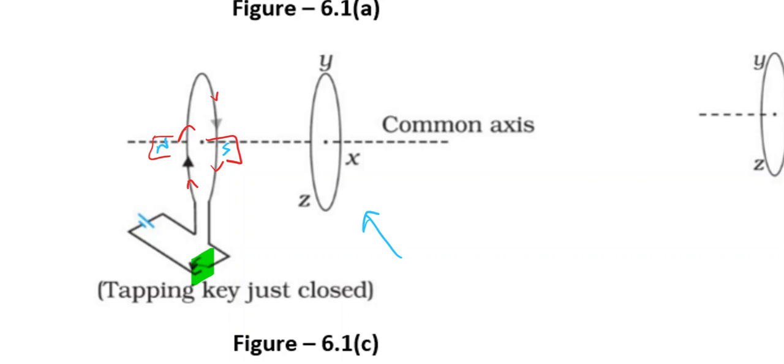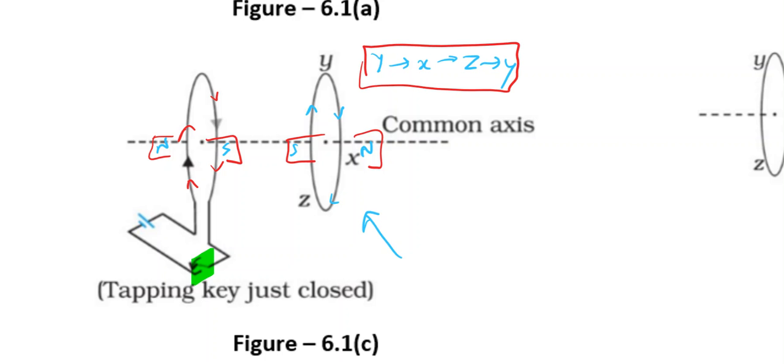So what should be its reaction? Its reaction should be to create south pole on the left side and north pole on the right side. And that is possible only if it allows current to pass in this way. So current should be going from Y to X to Z to Y. So this should be the direction of induced current in this case.